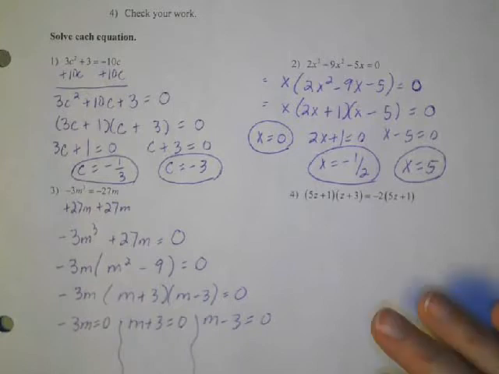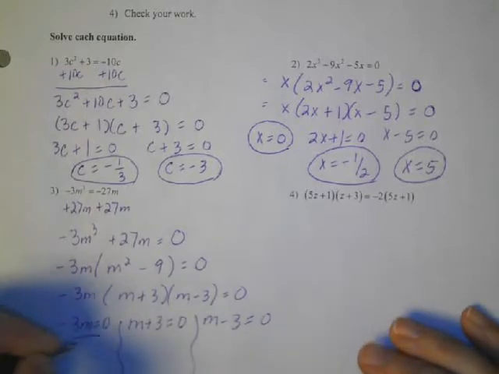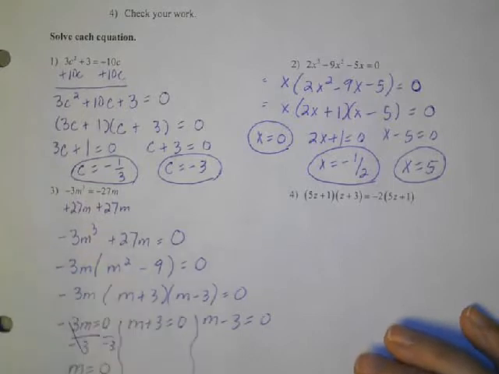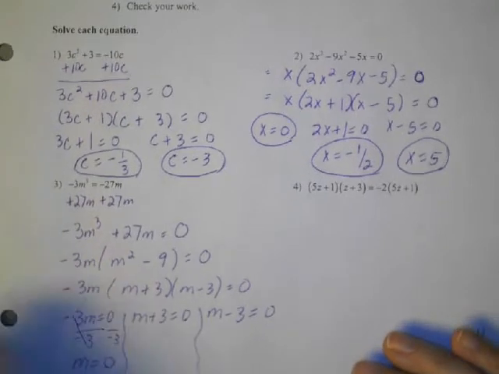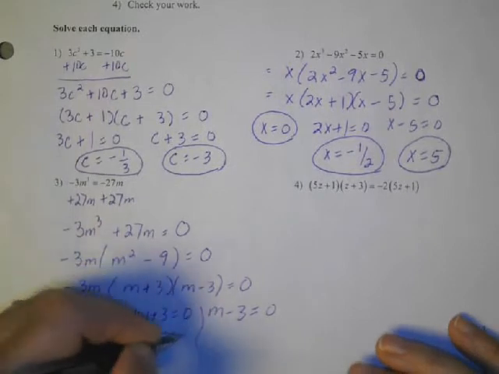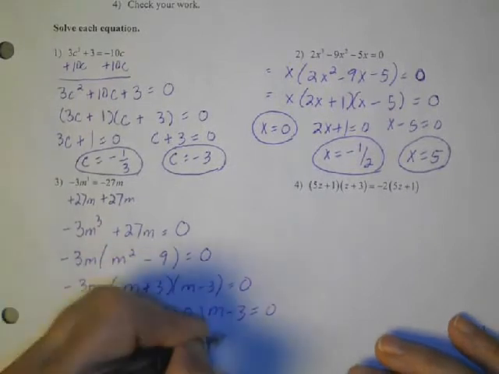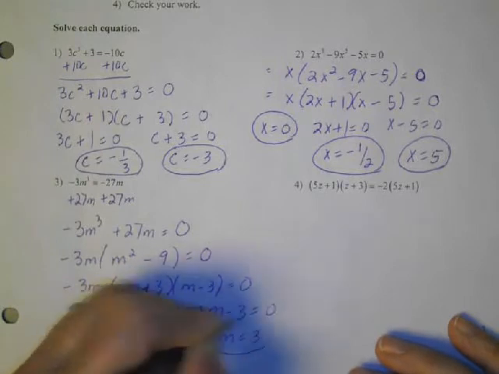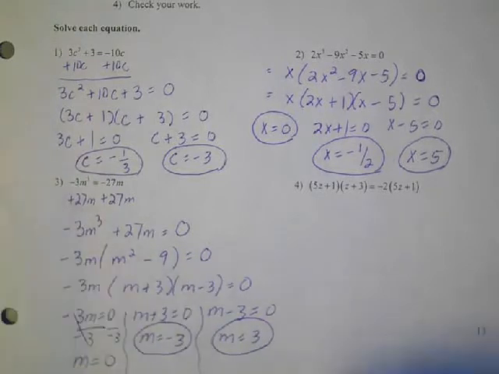To solve the first, you simply divide by negative 3. And m is 0. The next is m equals negative 3, and m equals 3. So I have gotten the 3 answers that I needed.